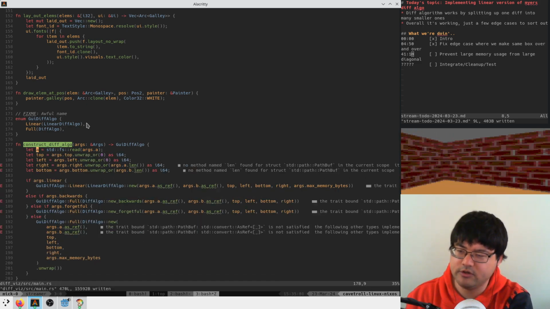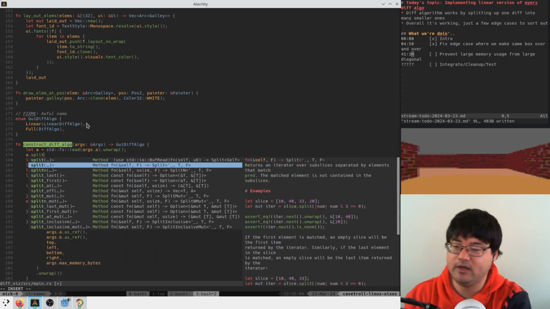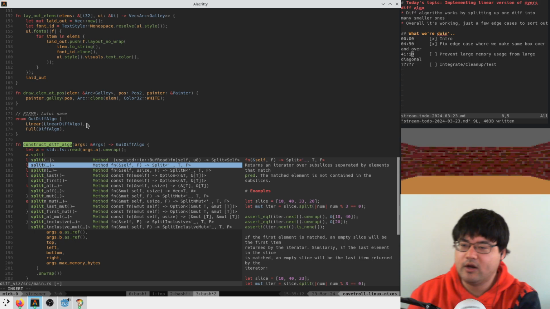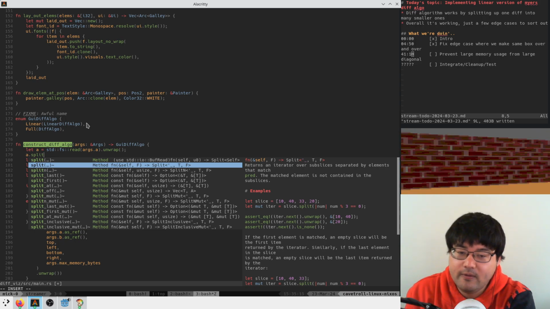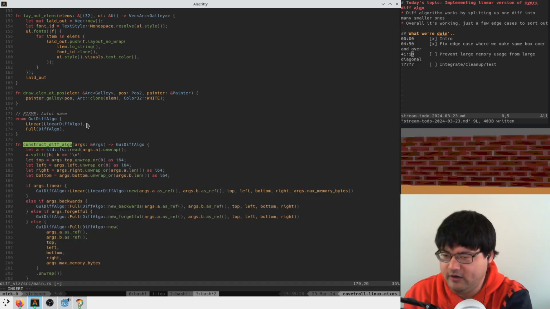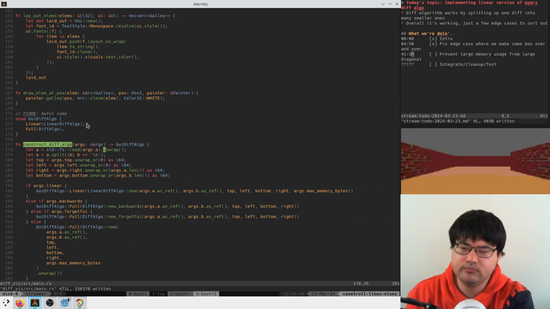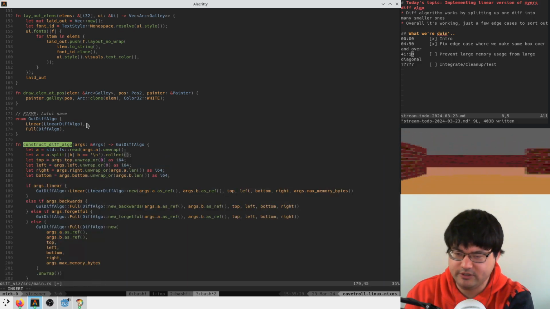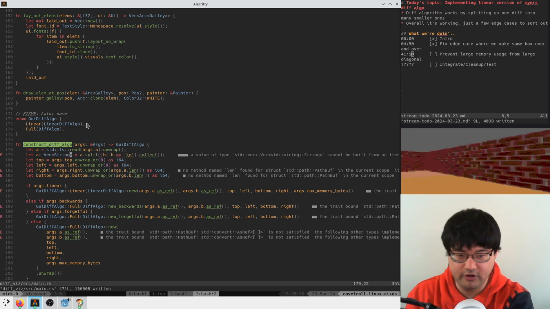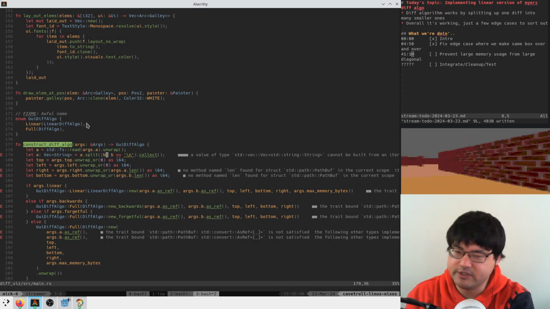How do I, I guess this needs to be unwrapped. Split. So I kind of want to split by something like b is equal to newline. And then we want to collect it into a vector of strings. I don't know. Which he doesn't like.